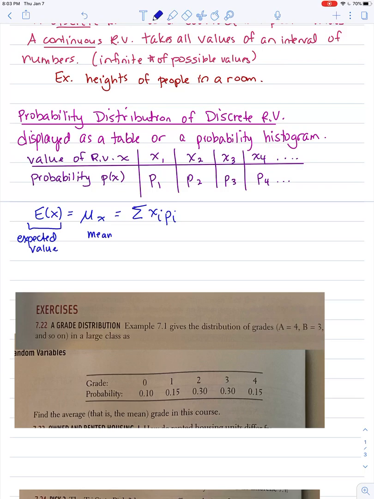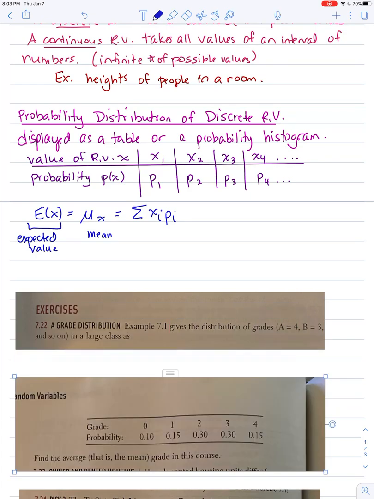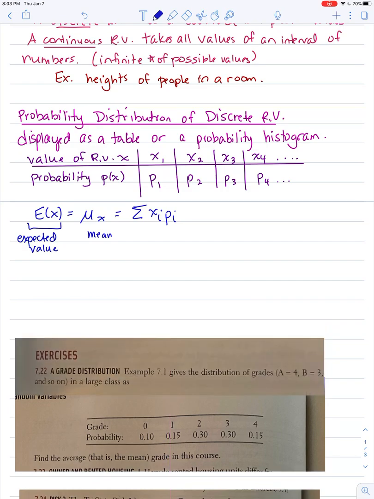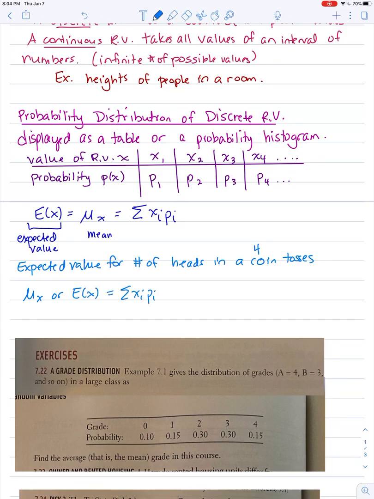So the expected value for the one we did with the coin toss in 4 coin tosses. It's the sum of xi pi.